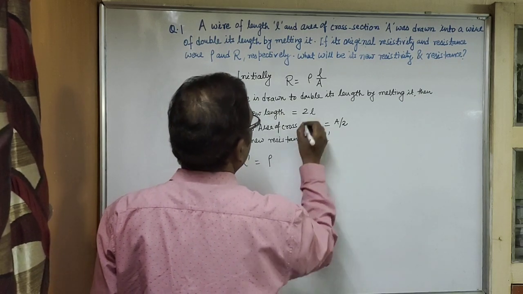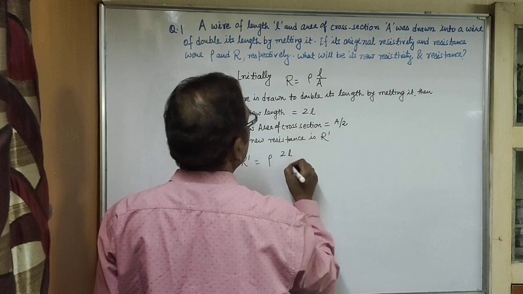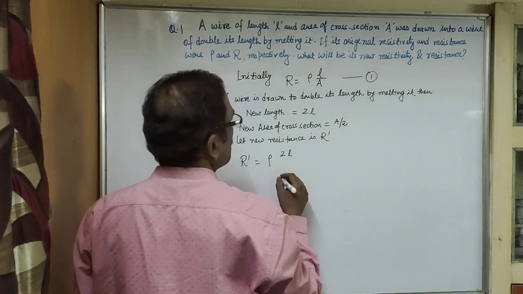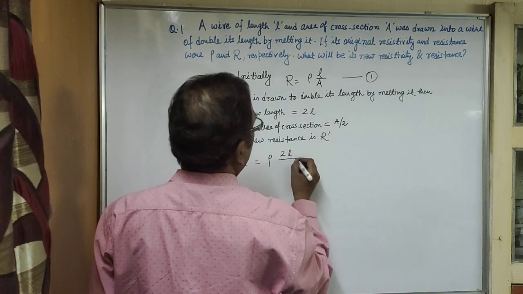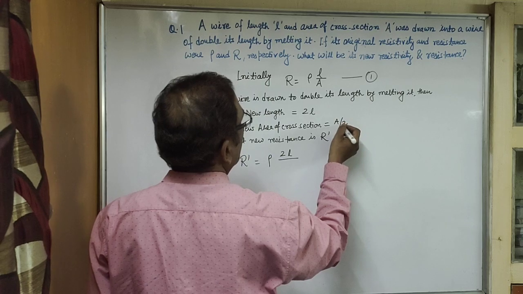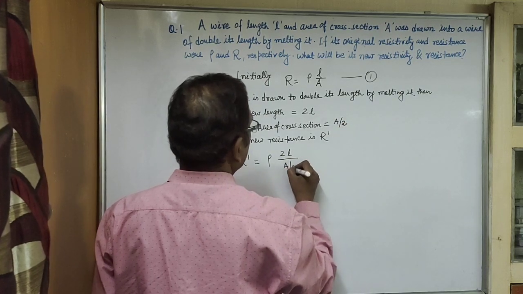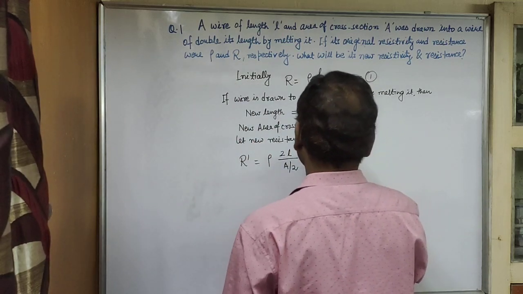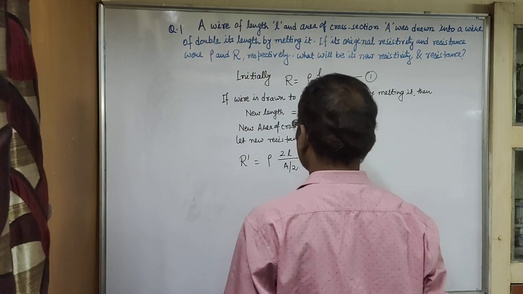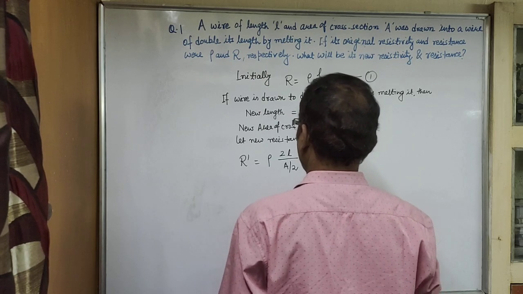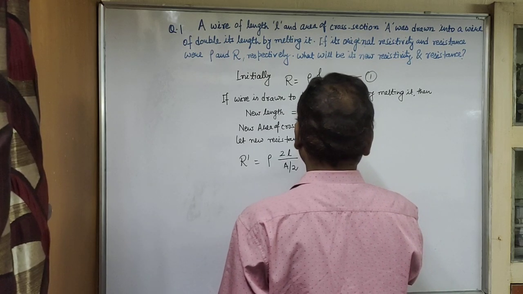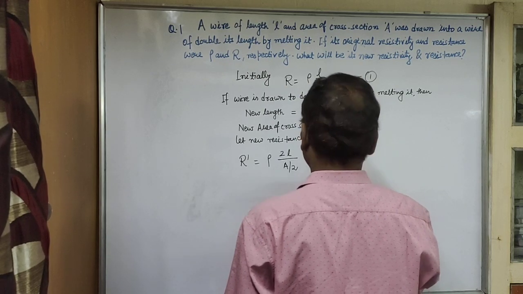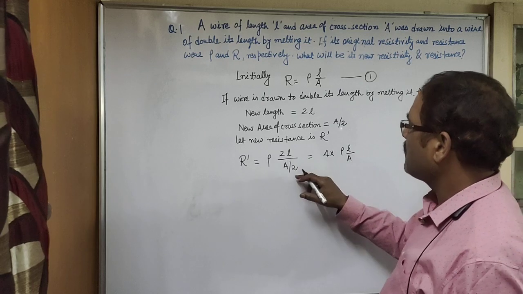So we can now write R dash is equal to rho, in place of L we will write 2L, mark it as equation 1, and for A we will write A by 2. So this can be further written as 4 into rho L by A. This 2 goes up.